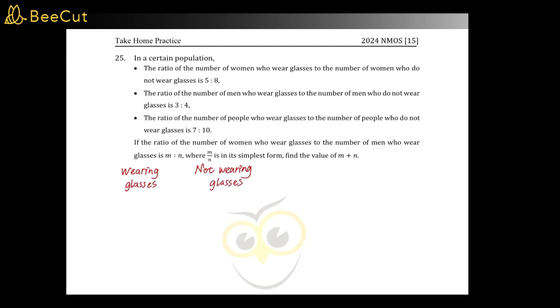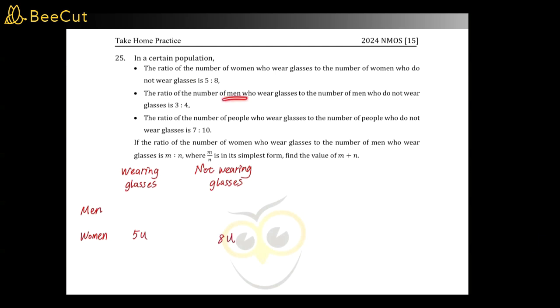Then we have the men and the women. So it says that for the women, this ratio is 5 to 8. Let's say this is 5U, this is 8U.